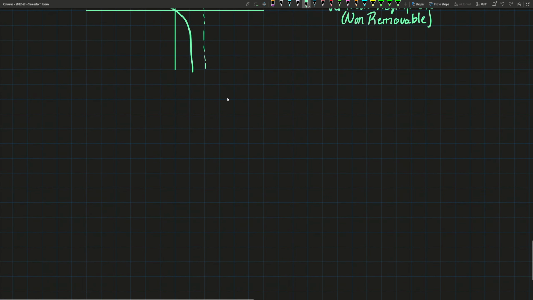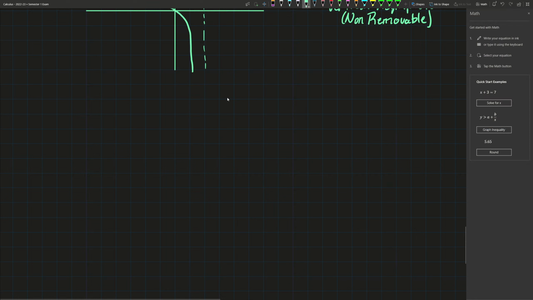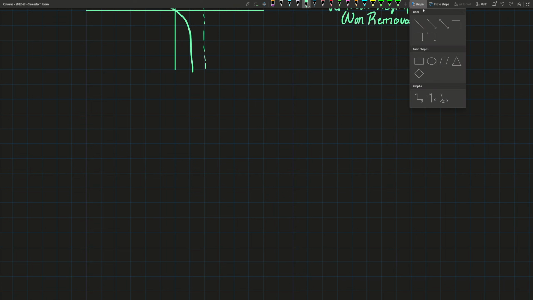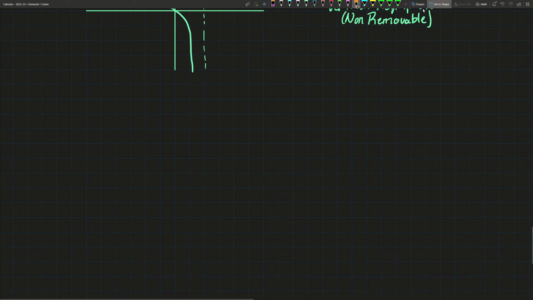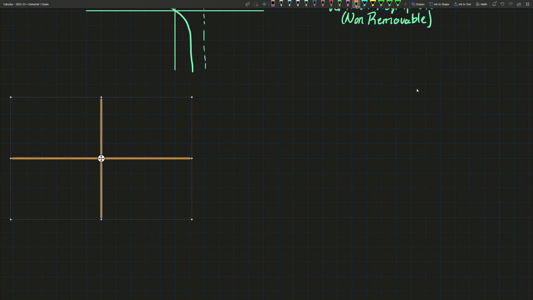Other types of discontinuities: if we have a graph that looks like this, this is a discontinuity, right?